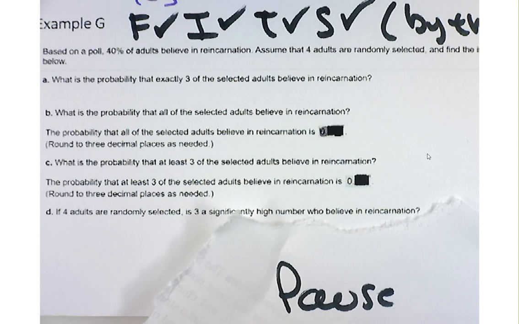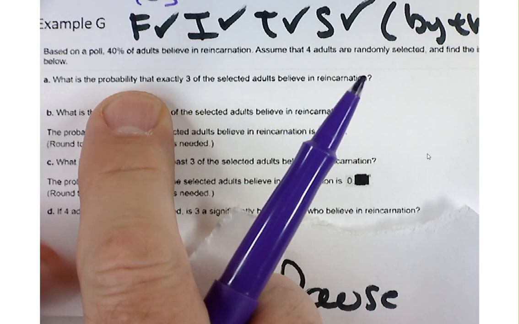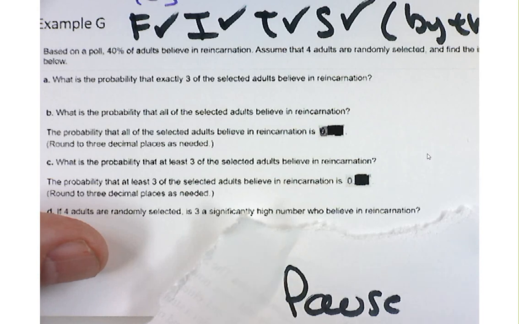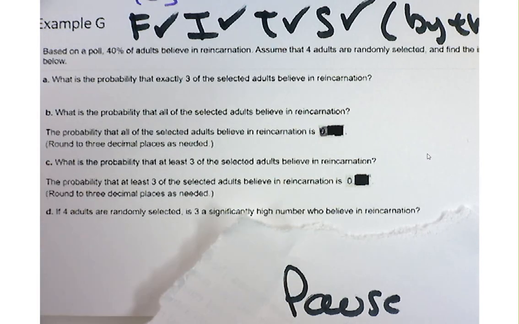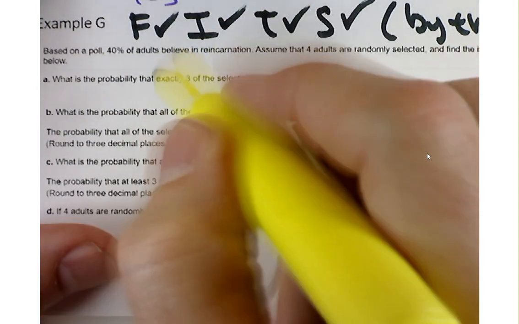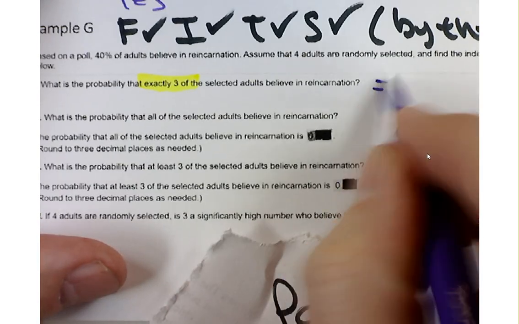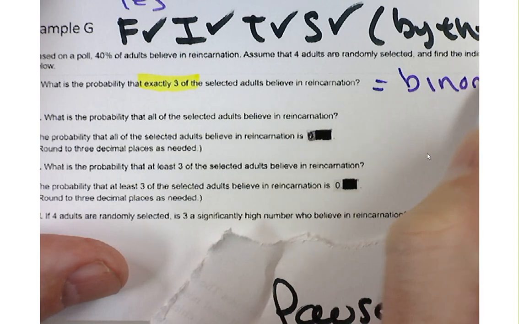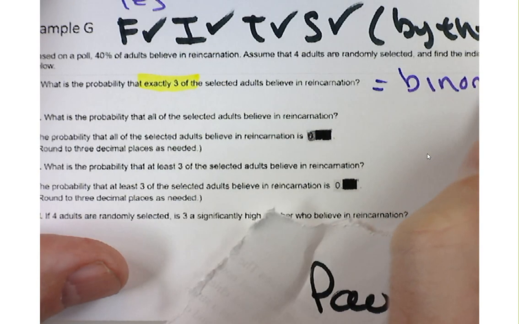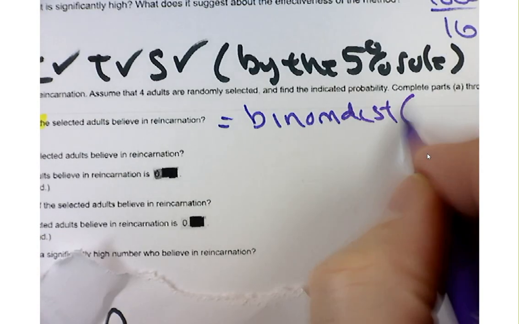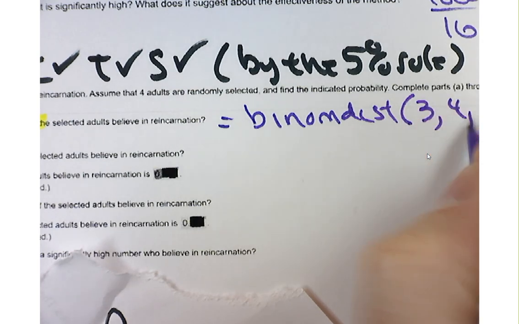So let's look at a couple of these. The first one, want to find the probability of exactly 3. So for that, we can use a binomial probability function. On Google Sheets, it would look like this, equals BINOM.DIST of 3, 4, 0.4, false.